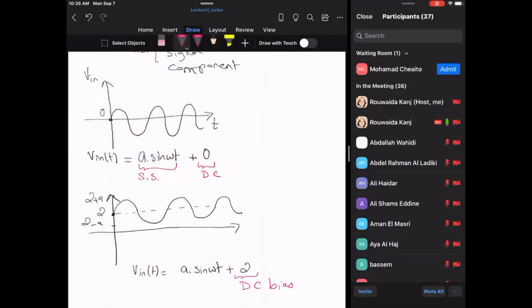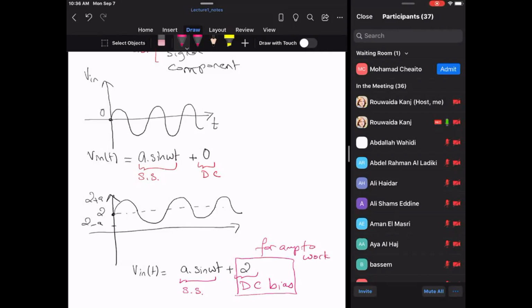That means we have shifted the signal up with a DC bias equal to 2 volts, and this portion which is carrying the information is the small signal component of my signal. Now, for amplifiers to operate, we will notice later that we will need a DC bias for the amplifier to work.